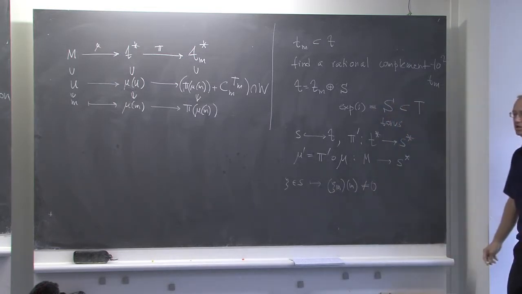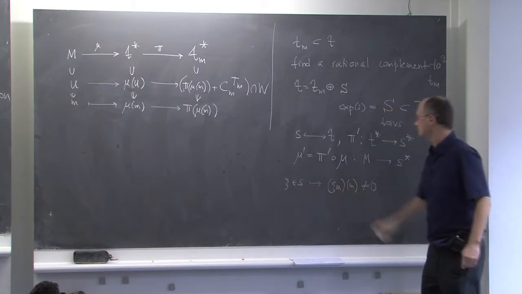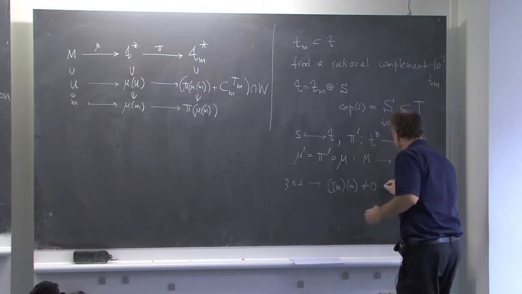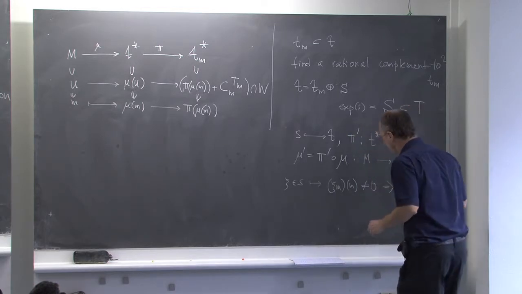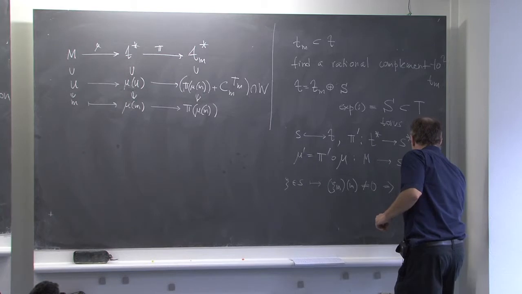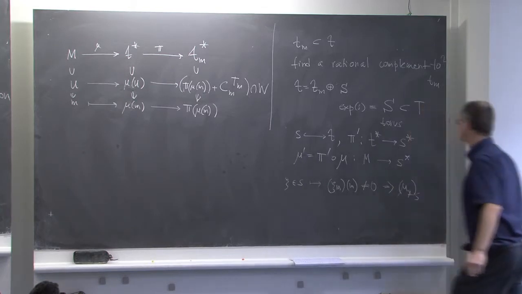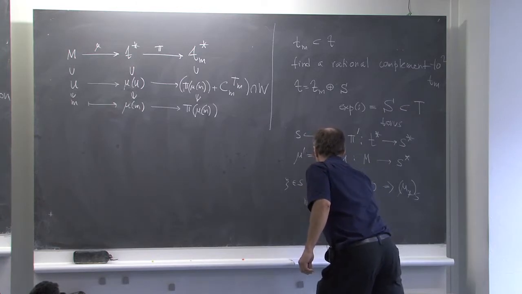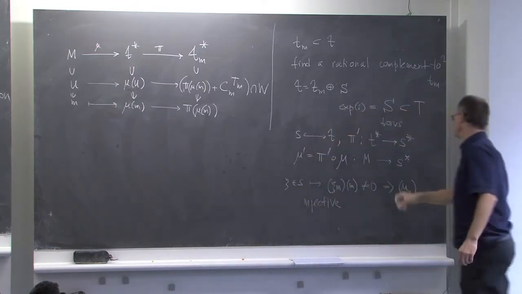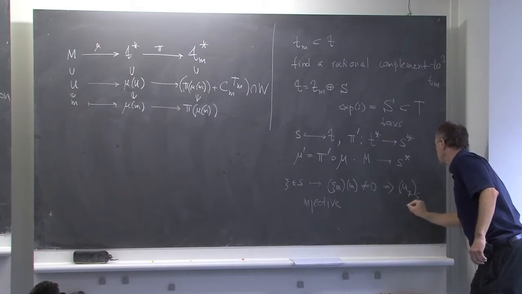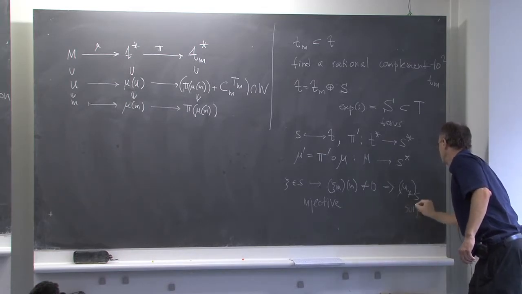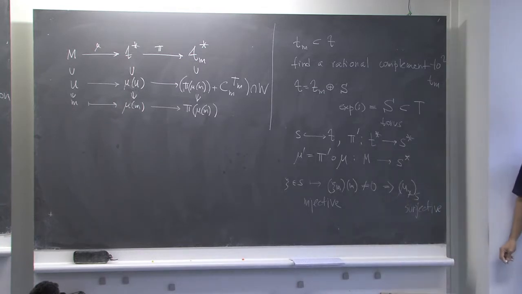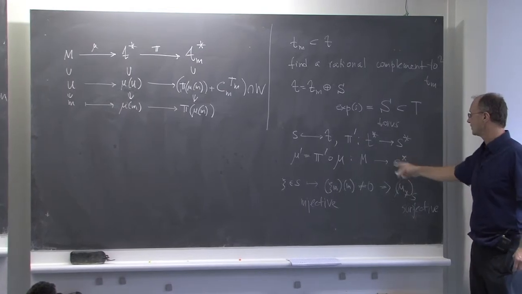So S injects into the tangent space at M. And as a consequence, the corresponding differential of the moment map is injective. So then the differential of the moment map at that point will be surjective. So you get everything here.